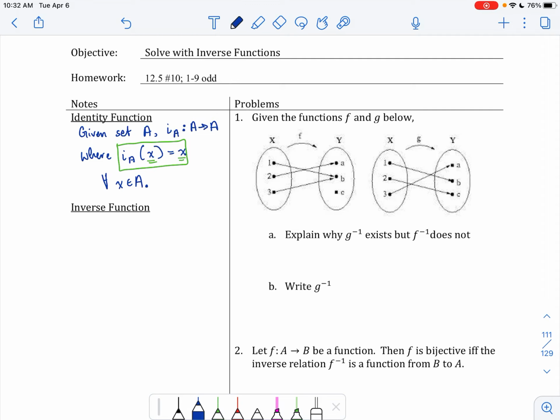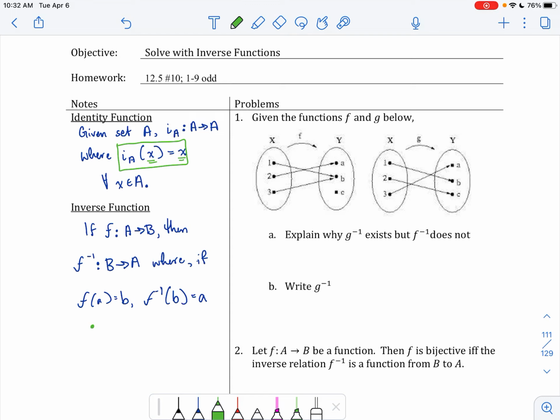So an inverse function, the way that we would define it, is if f is a function from A to B, then f inverse is a function from B to A, where if f of A is equal to B, then f inverse of B is equal to A. If you remember, the idea with inverse functions is that they have to be one-to-one, which means they must be injective, because that's what one-to-one means, and it also must be surjective, because then all of B is used.